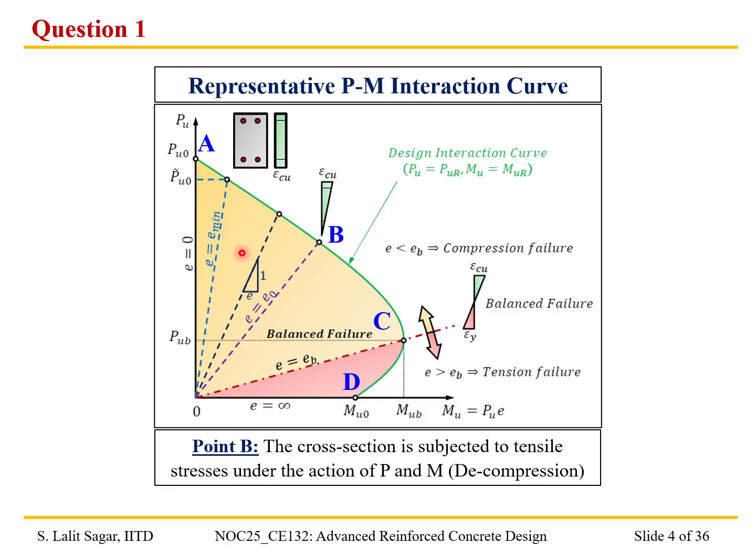But the moment it falls outside this region, a part of the cross section experiences tensile stresses. Okay, that is the meaning of this decompression point. That is, beyond point B, towards point C and D, a part of the cross section slowly experiences the tensile stresses. Okay, that is the meaning of this. So here, point B basically corresponds to the decompression.